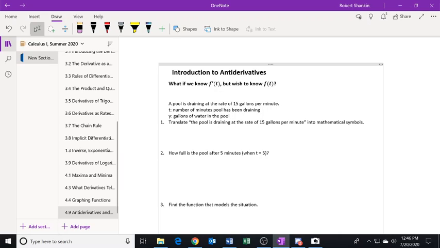Number one, translate the pool is draining at the rate of 15 gallons per minute into mathematical symbols, and try to use the function like maybe an f and these variables, or you could do any of these with f or y's or t's. So I want you to do that. Just do it independently at first, and then enter your answer with your groups, and I'll call on a group in a minute here.